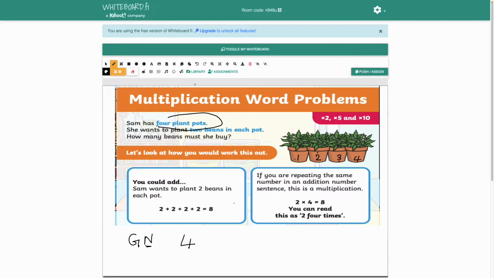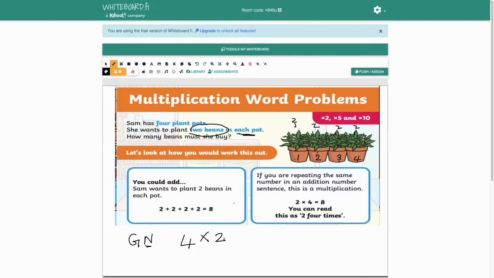And now when we come to numbers, here she wants to plant 2 beans. This is another tricky word: 2 beans in each pot. So, in each pot, 2 beans. Remember, these are the numbers, 2 beans. So, 4 is the group and the number is 2.